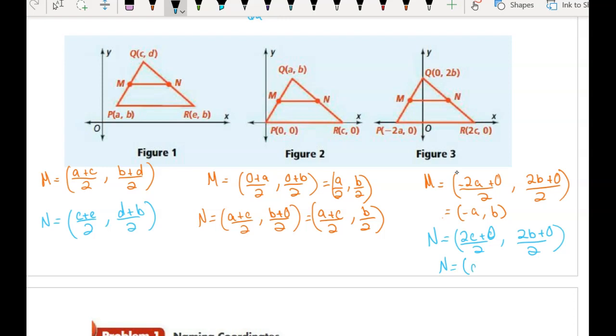So that's going to leave me with c and b.